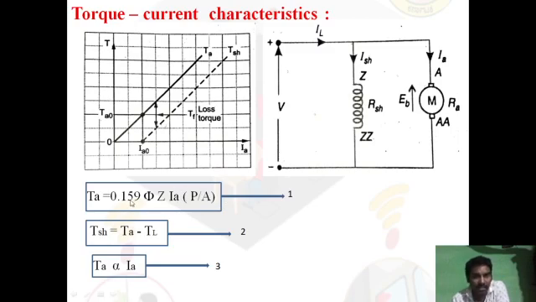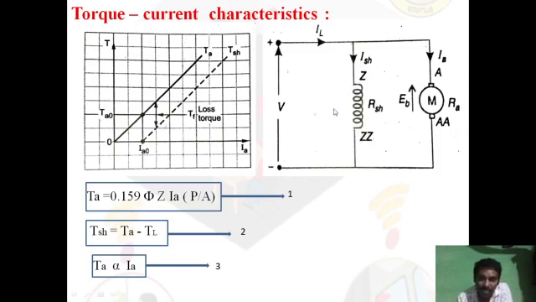Generally, if you apply this to the DC shunt motor, I can consider TA directly proportional to Ia. This is equation 3, because for a DC shunt motor the flux produced by the shunt field winding can be considered constant, since the applied voltage across this winding is constant. Therefore the current ISH remains constant, and RSH is constant.